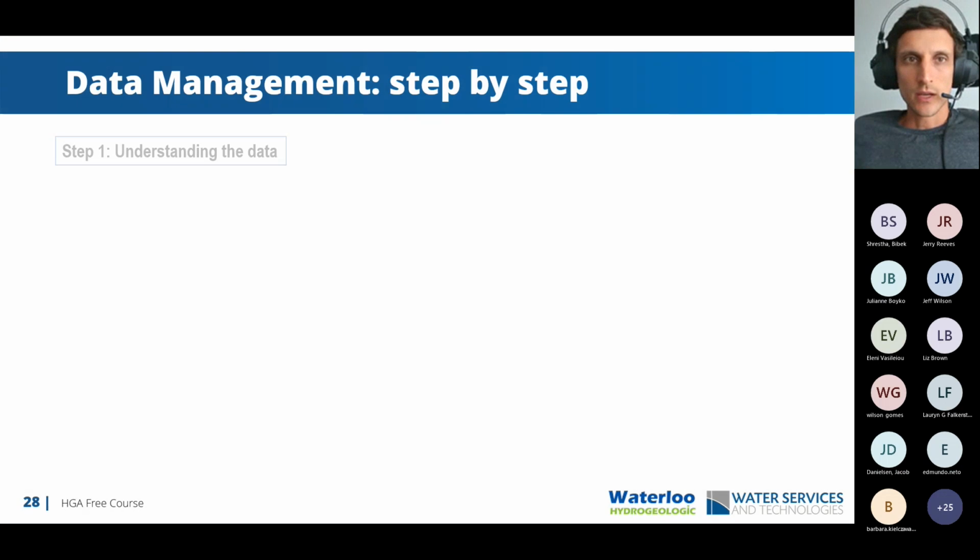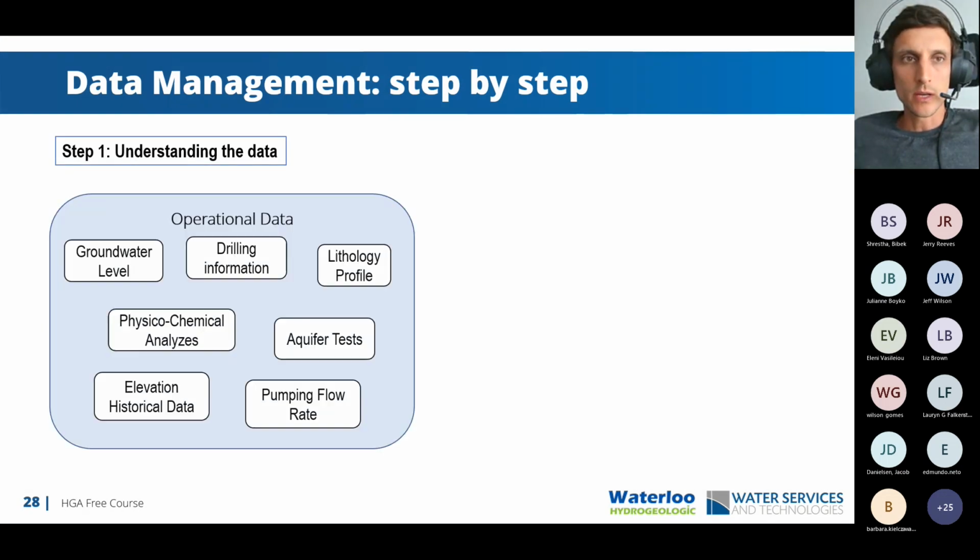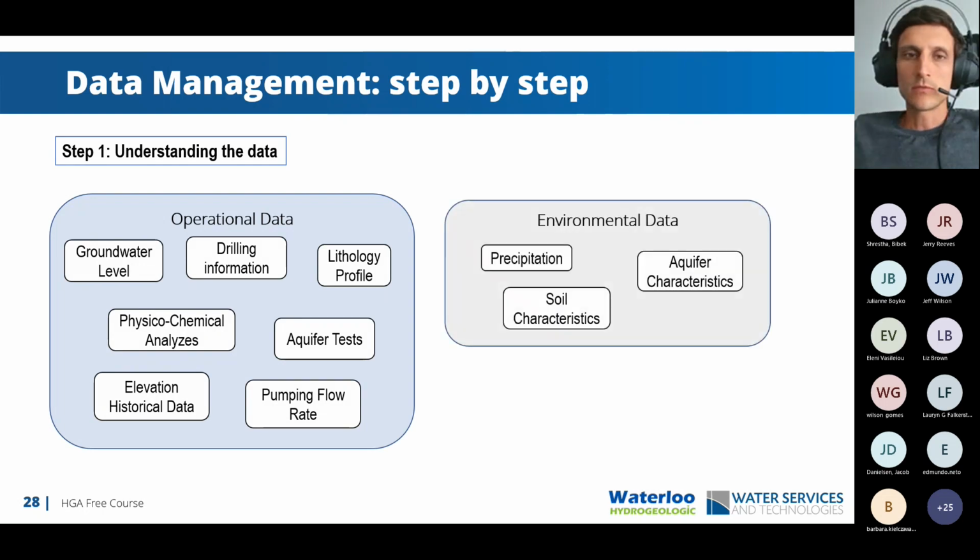So first, understanding data. That's the first step that we need to work on when we implement a data management system. We need to understand what kind of data we want in our database. In these examples, I'm working with groundwater information, with well information.